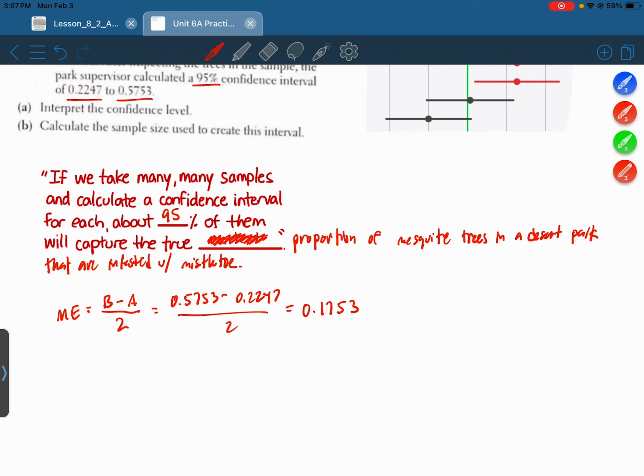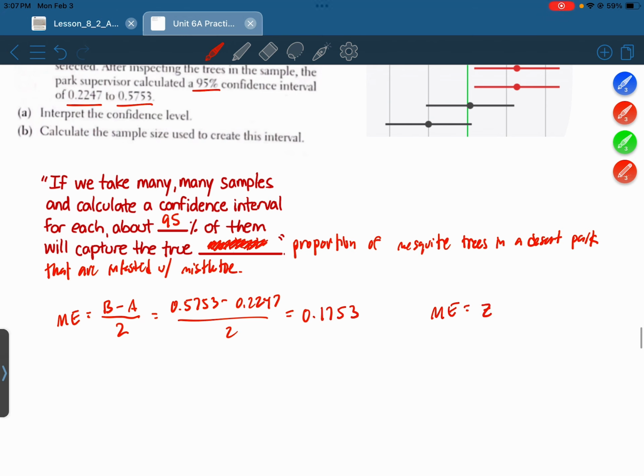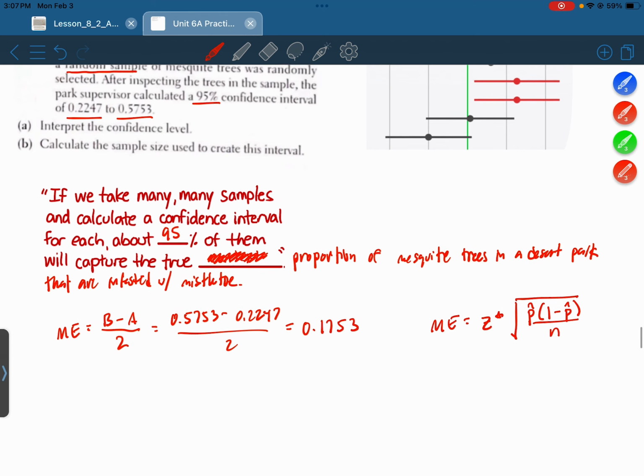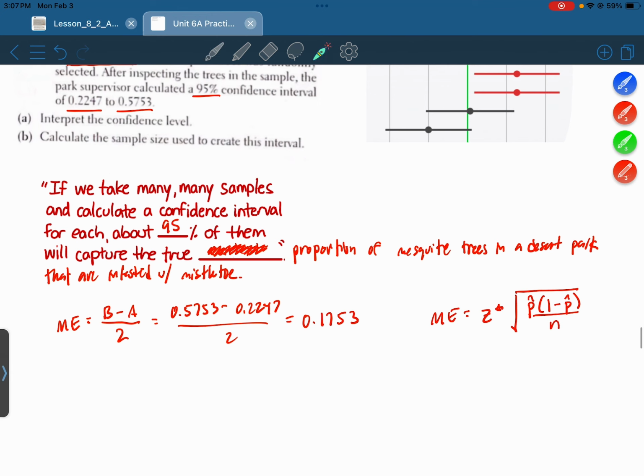Now that I know the margin of error, let me think back to how the margin of error is computed. It's a critical value times the standard error, which for this situation would be the square root of p hat times 1 minus p hat over n. I know the margin of error, so I can plug that in.